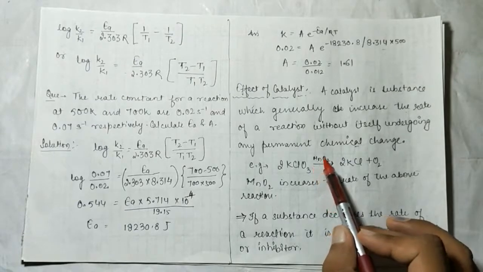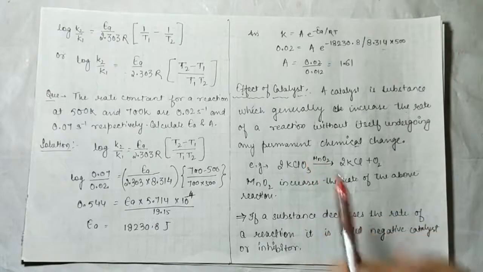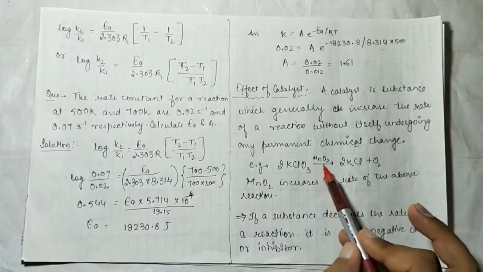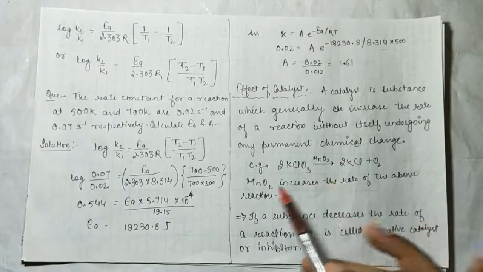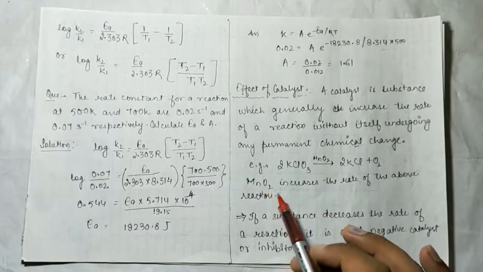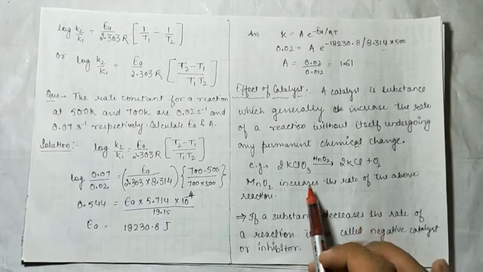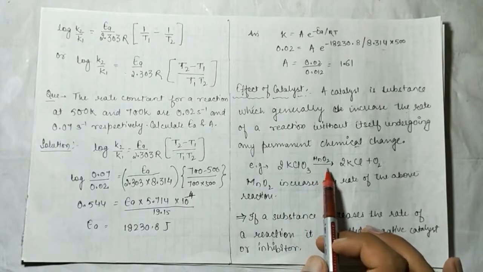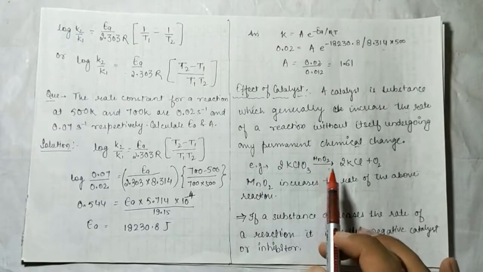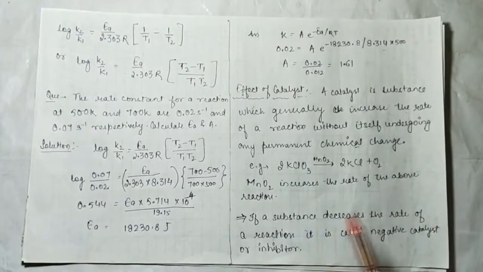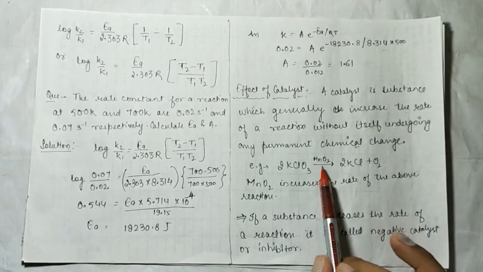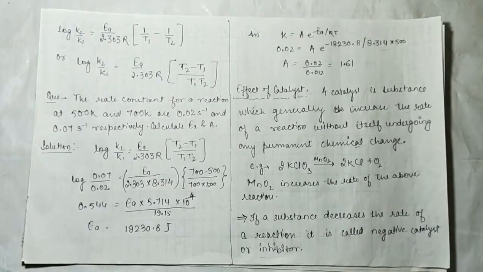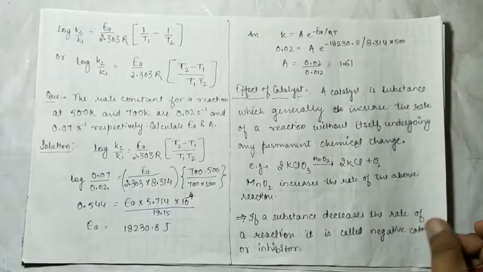It actually participates in the reaction, but after the final reaction MnO2 is found in the form of MnO2 itself. That means there is no permanent chemical change in the catalyst, it only increases the rate of reaction. And if a substance decreases the rate of reaction, it is called a negative catalyst or inhibitor.